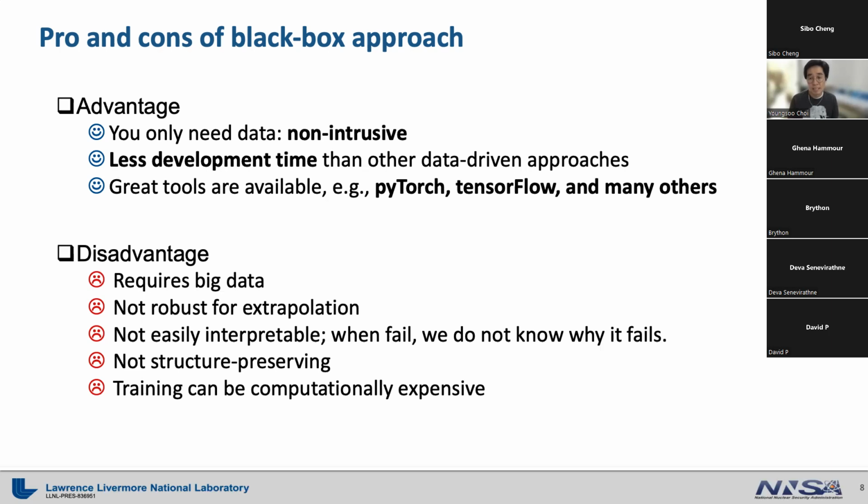This point is somewhat arguable because other black box approaches such as Gaussian process or Kriging or random forest are easy to train. I'm specifically addressing this issue with neural networks. Its training is computationally expensive because it involves complex nonlinear optimization solves. Plus, its convergence behavior can be very problematic.